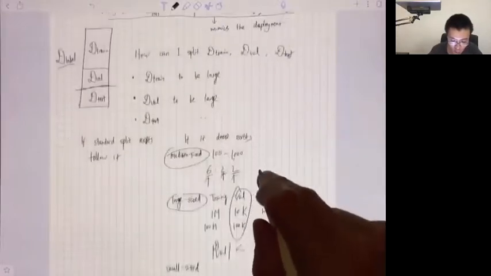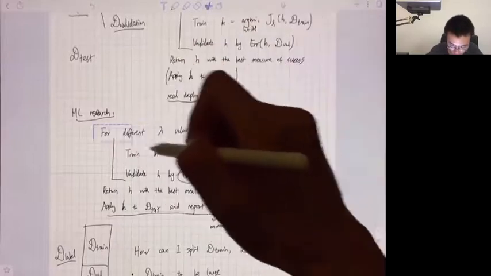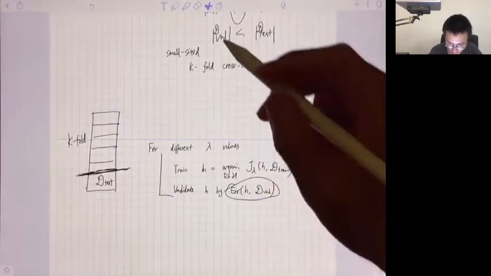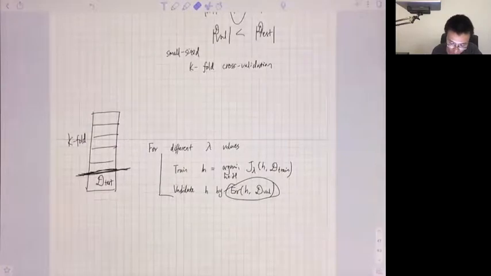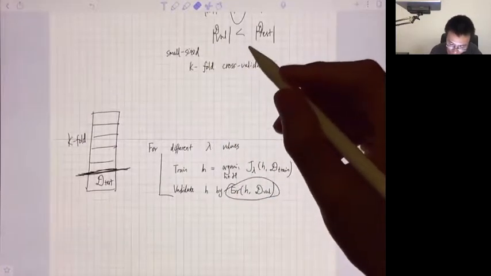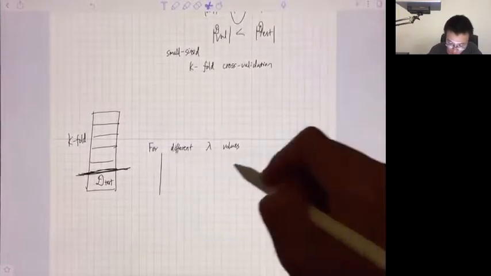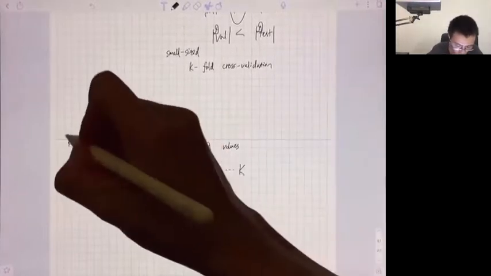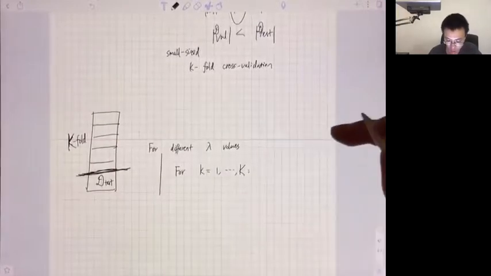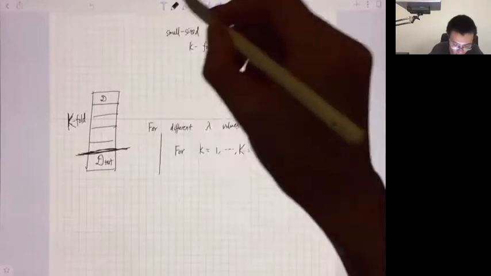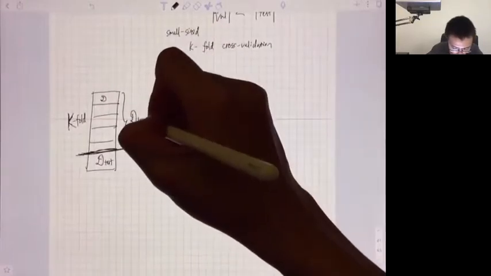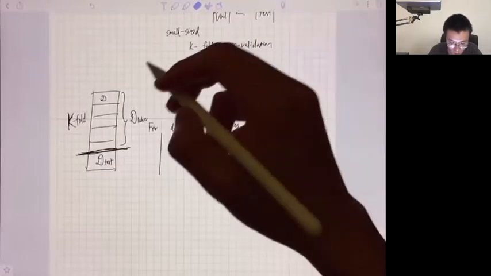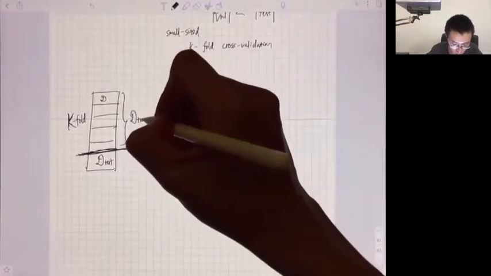My training algorithm becomes, I still have different lambda values, and I try different folds, for little k equals 1 up to capital K. I call the entire set maybe D label, or maybe D train, it doesn't matter how I call it.